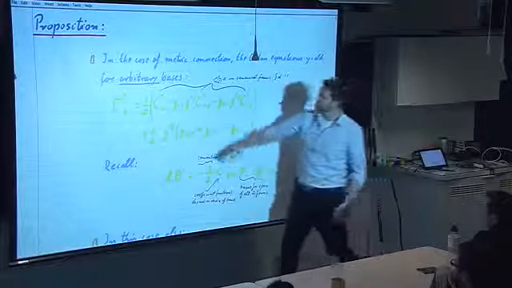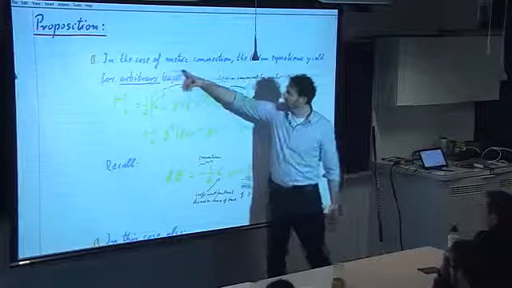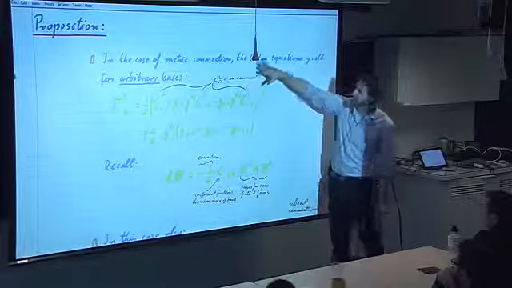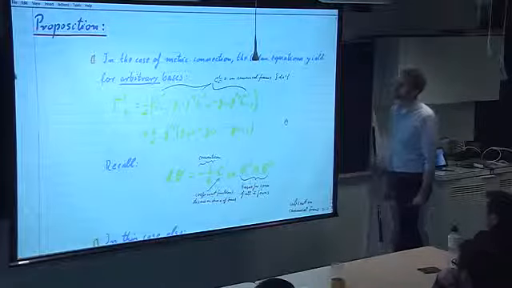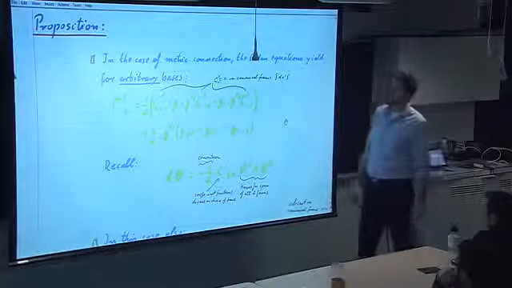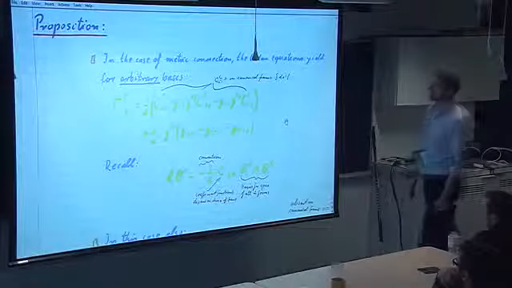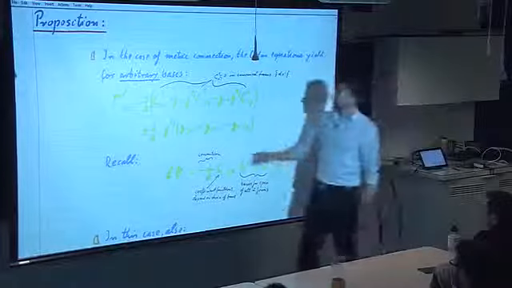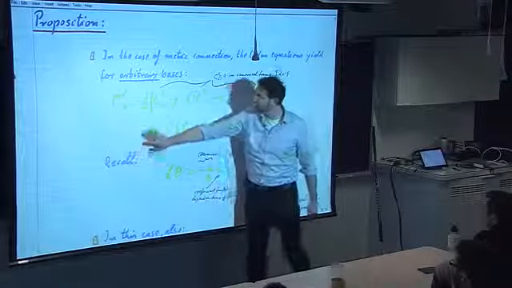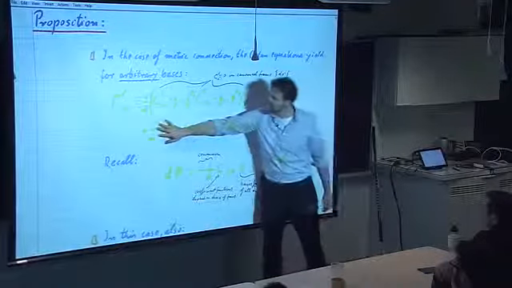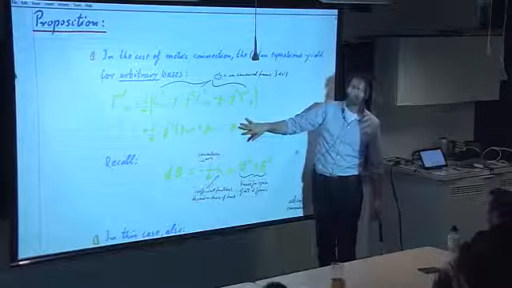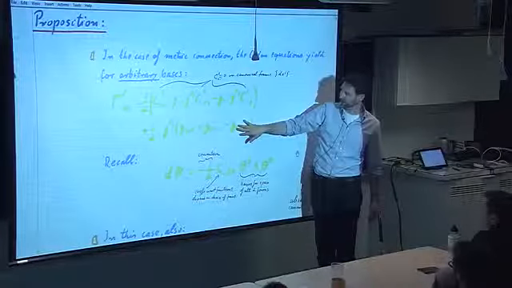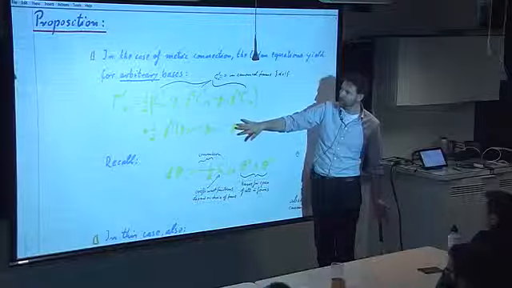Let's see. So in the case of arbitrary bases in the tangent and cotangent spaces, we can calculate that the Christoffel symbol now is no longer simply given by this expression, which would be the expression if you choose your basis as the one that comes with the coordinate system.